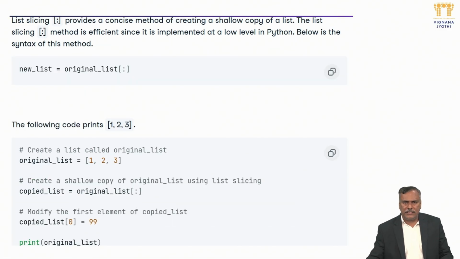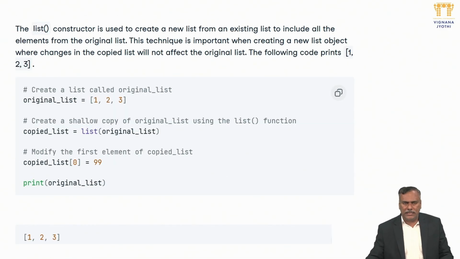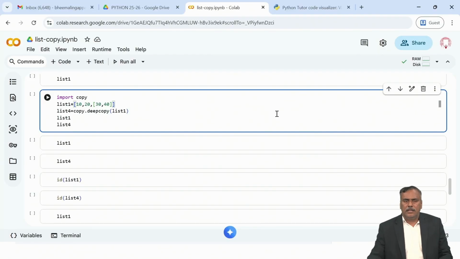So let us see an example so that you can better understand deep copy. See here what I am doing. If you go through this code, import copy. This is the original list, list 1, and list 4 is a copy of list 1. I have created list 4 using deep copy, so there is a difference between just a copy and deep copy.